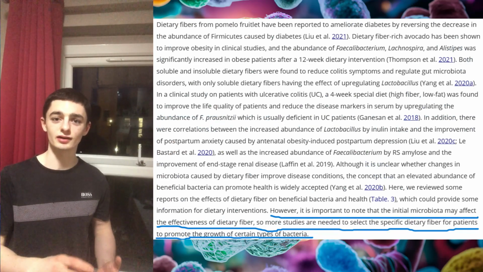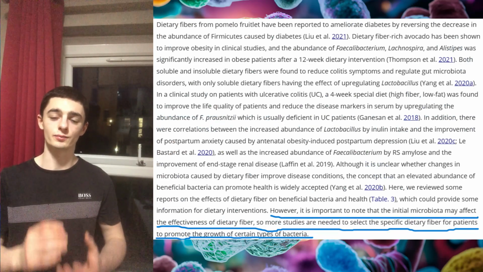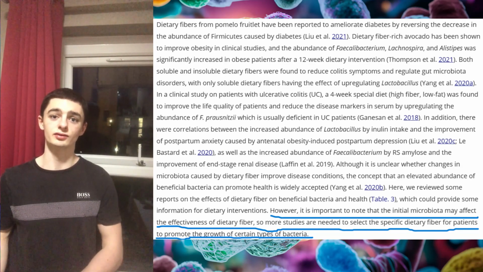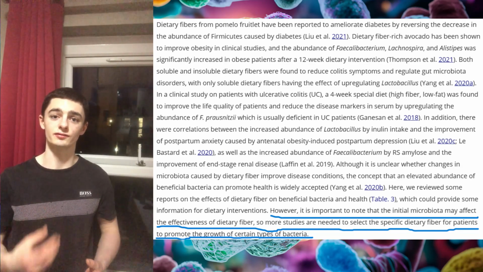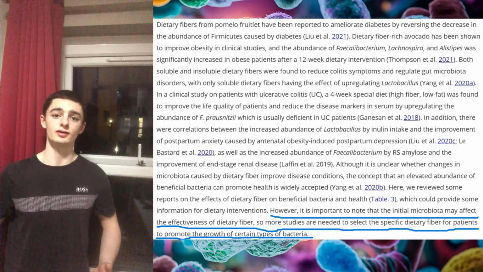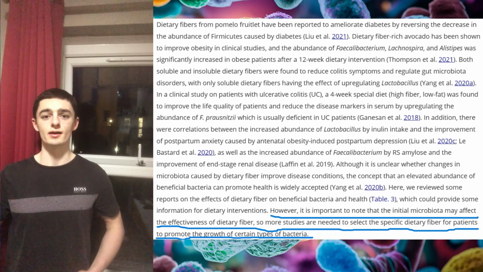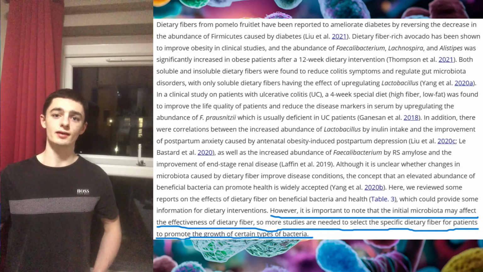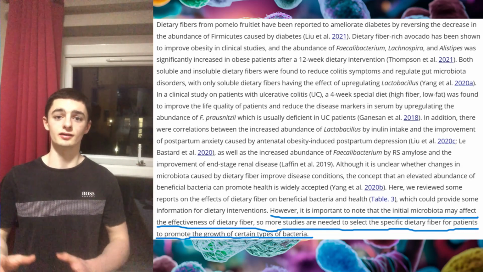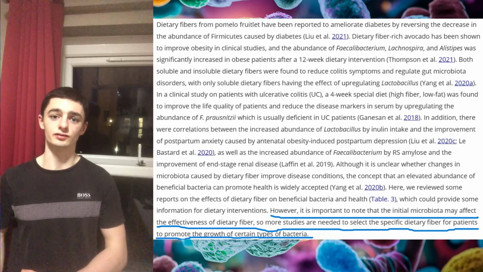So the existing microbiota of a patient could affect the effectiveness of dietary fibre intervention. So more research needs to be done in order to determine how we can treat patients through dietary fibre based off their specific conditions.